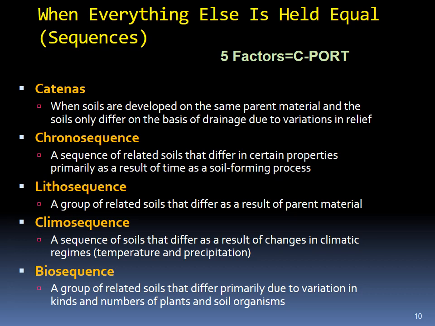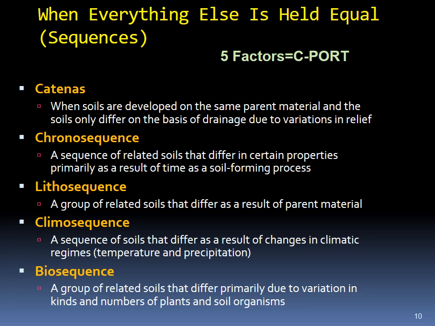The second type is chronosequence. So what is a chronosequence? A chronosequence refers to soils that differ because of time, but all other soil factors are equal. A lithosequence is when you have differences in the parent material, but all other factors are equal.